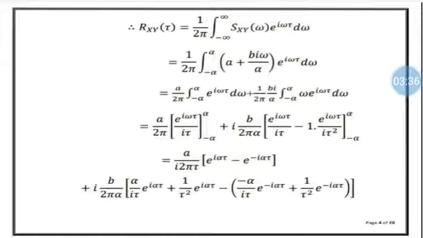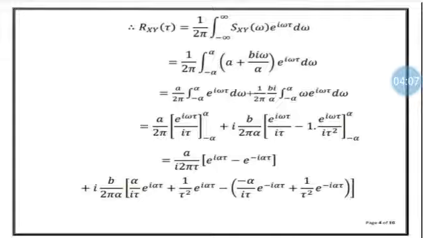Therefore, Rxy of tau equal to 1 by 2 pi into integral of Sxy of omega into e power i omega tau d omega. Substituting the given function Sxy of omega and the limits minus a to a, we get 1 by 2 pi integral from minus a to a of a plus bi omega by a into e power i omega tau d omega.